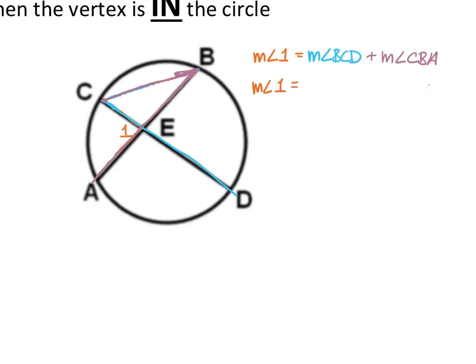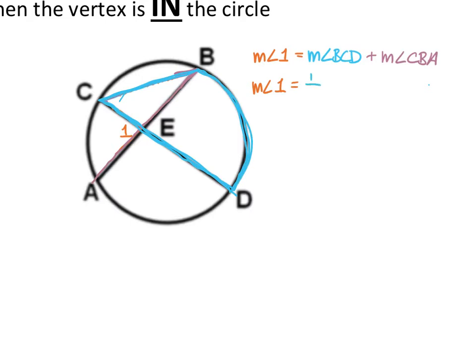So the measure of angle 1, well, how can I relate BCD, let me make it in turquoise again, to an arc? BCD. Well, I think we can see here that BCD intercepts this arc here. And if you think about inscribed angles, we know that BCD is half of BD.